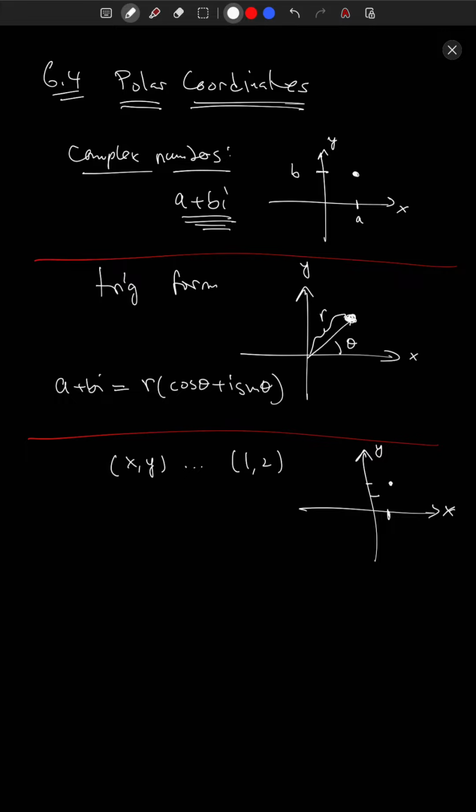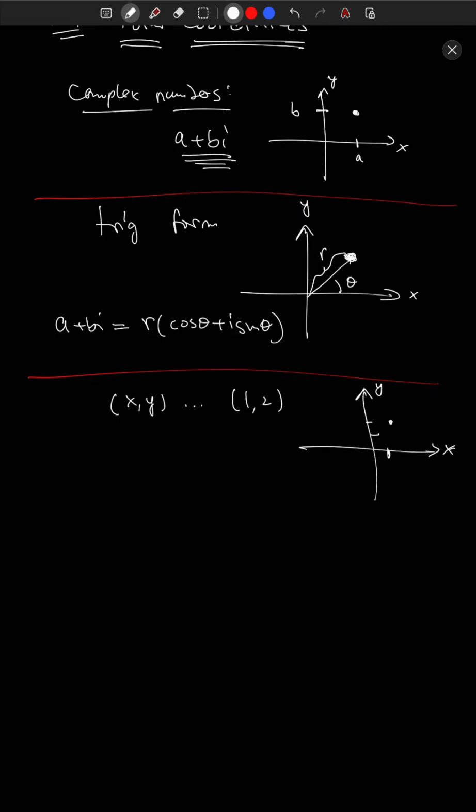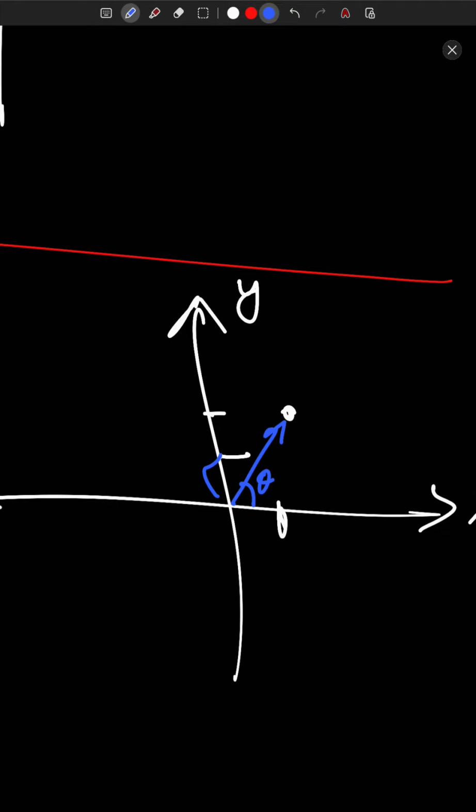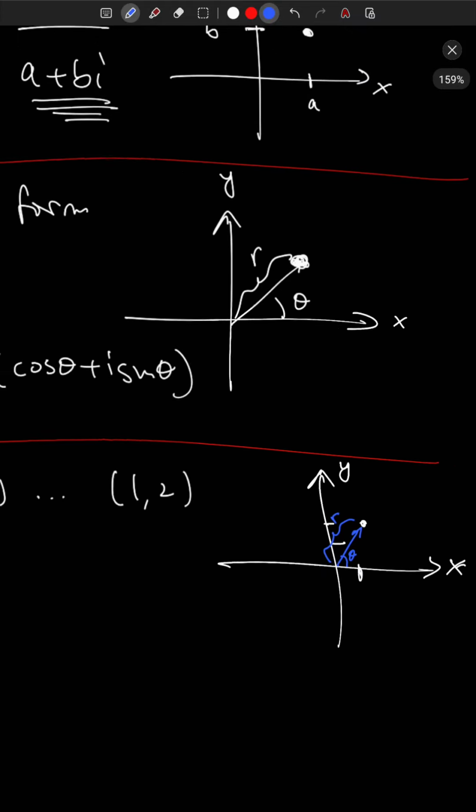But we can also think of it like a trig form, where we describe that same point using, instead of how many steps to the right and up, this angle theta here and this distance here, or length, r.